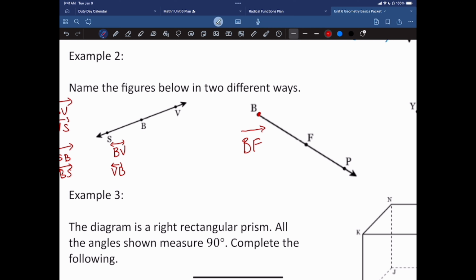My endpoint starts at B and goes towards F. And then again, my last one, let's do this in blue. So we're starting at B and we're going all the way through P. So we can say BP, like so, okay? Again, the endpoint has to be the one at the bottom. And I would typically start with the endpoint just to make things a little simpler for you, okay? All right, so there's your 2 ways for a ray.